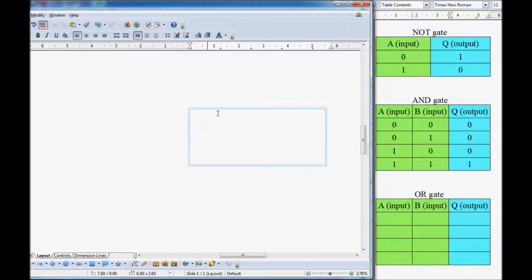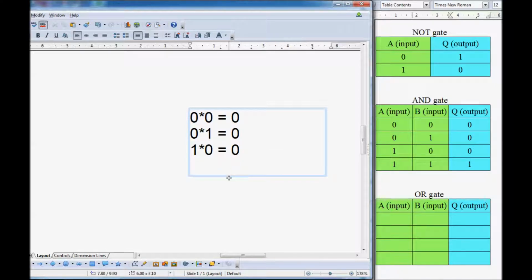So in the first case, if we multiply 0 by 0, normally we would have 0. Also in this case, the output for AND gate in this situation is 0. And if we multiply 0 by 1, the output also is 0. If we multiply 1 by 0, the output is the same, it is 0.